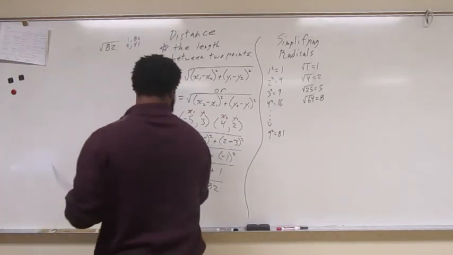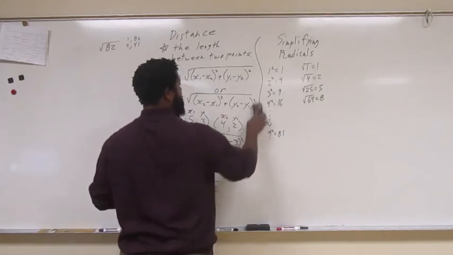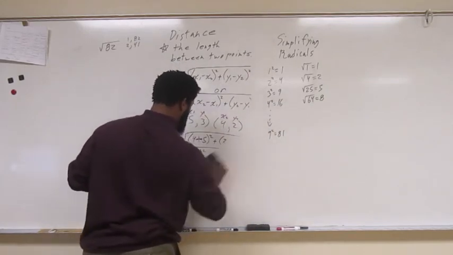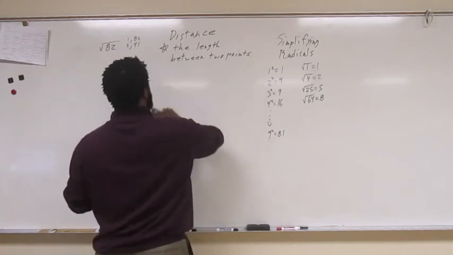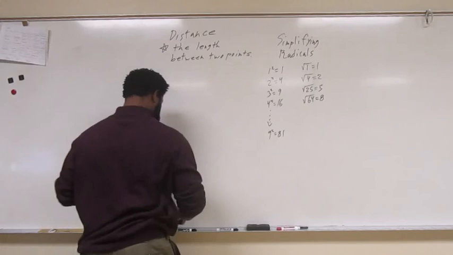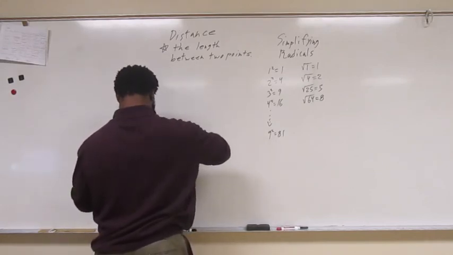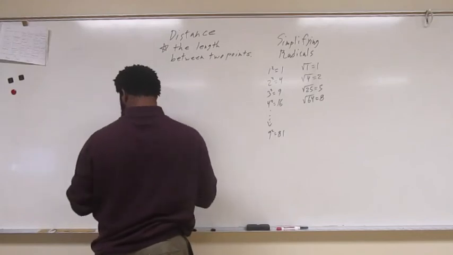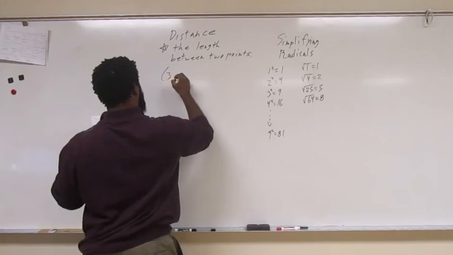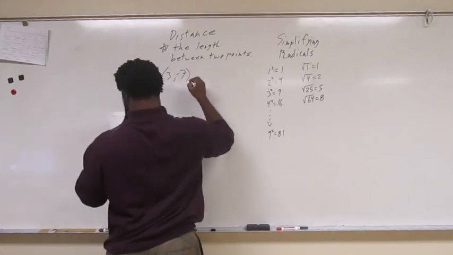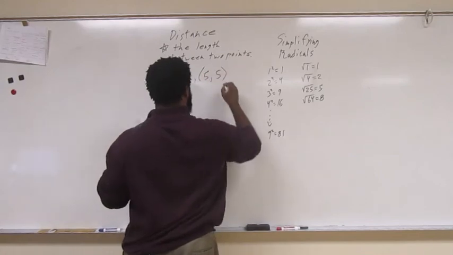So for my number 9, distance formula. That's what we just did. For instance, you might have something that looks like this: 3, -7, and 5, and 5, okay?